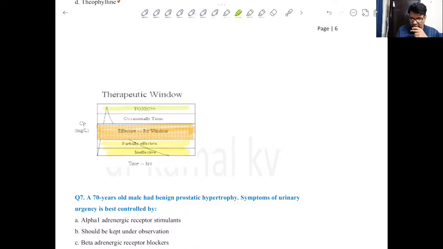And if the values cross this, there will be toxic effects. Patient will have complications, right? So this is if the values are more, this is if the values are less. So we have to maintain the blood level within a particular plasma range, right?